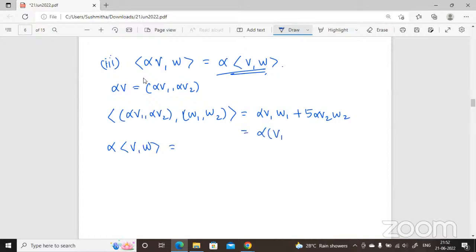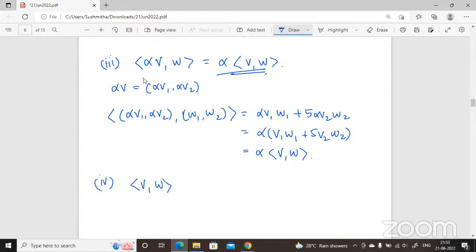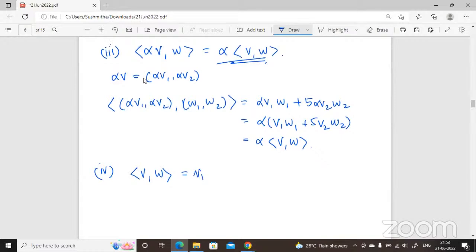If you take alpha common, alpha comes out and it is equivalent to the right hand side. It's very easy. Symmetry is the simplest, no cross terms at all. What is V comma W? V1 W1 plus 5 V2 W2.